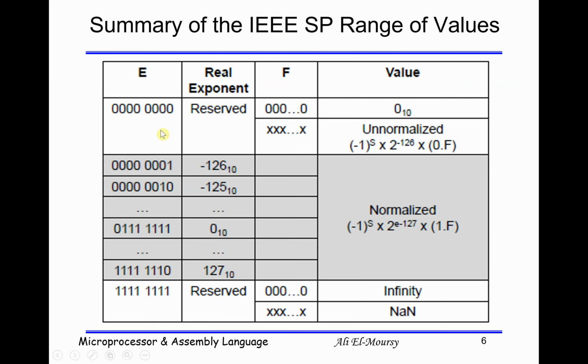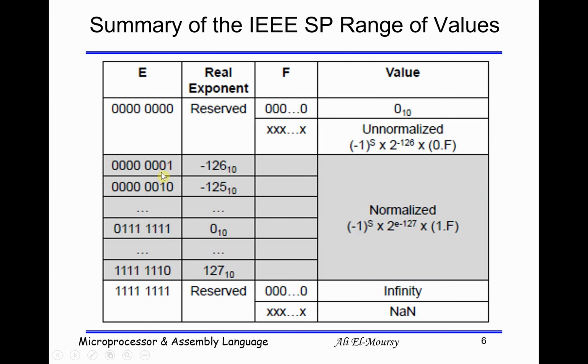So again, here we are reviewing the values with their special cases. All zeros exponent with all zeros in the fractional is reserved for the value 0. All zeros exponent with any value in the fraction are unnormalized numbers given by this equation.